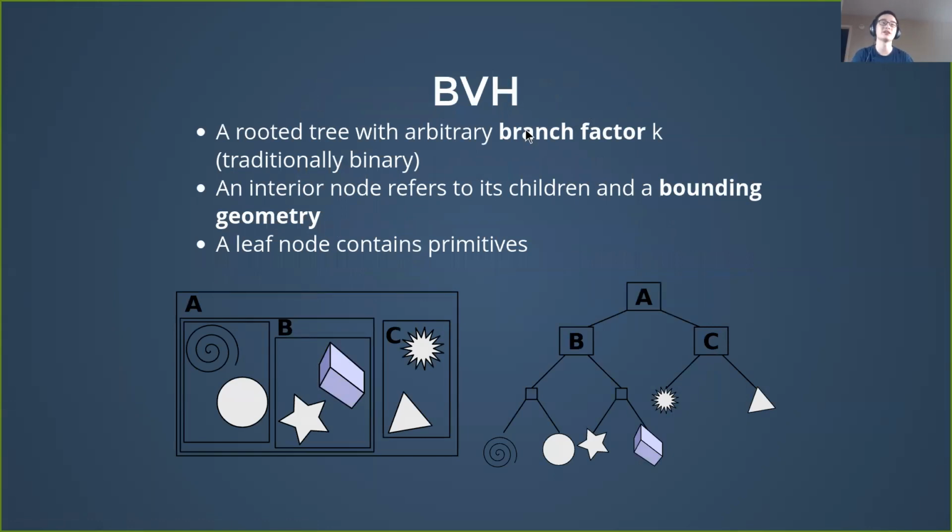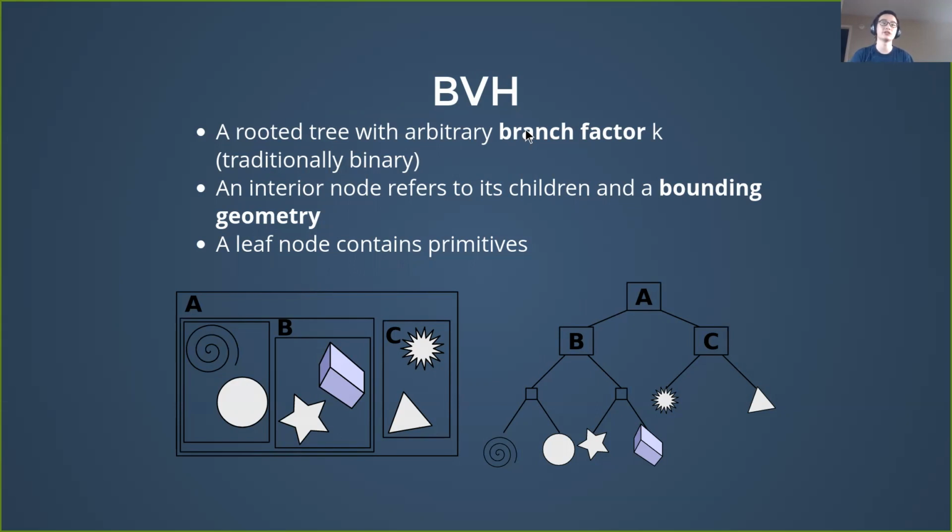So a BVH is a rooted tree with arbitrary branch factor k. Traditionally, it is a binary tree, but we will see later that in some cases we will have a branch factor that is not two. Also, if you have done Shadertoy before, then probably you have constructed a BVH with arbitrary branch factors. An interior node refers to its children and the bounding geometry, and the leaf node contains the primitives.